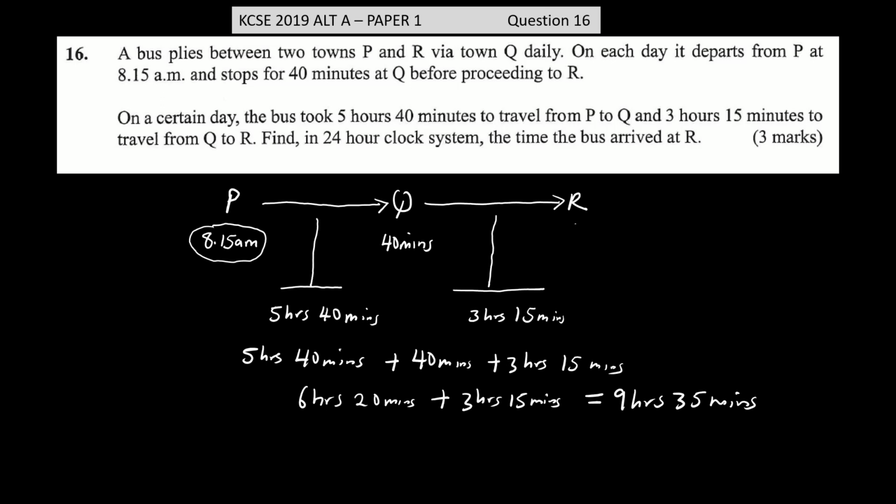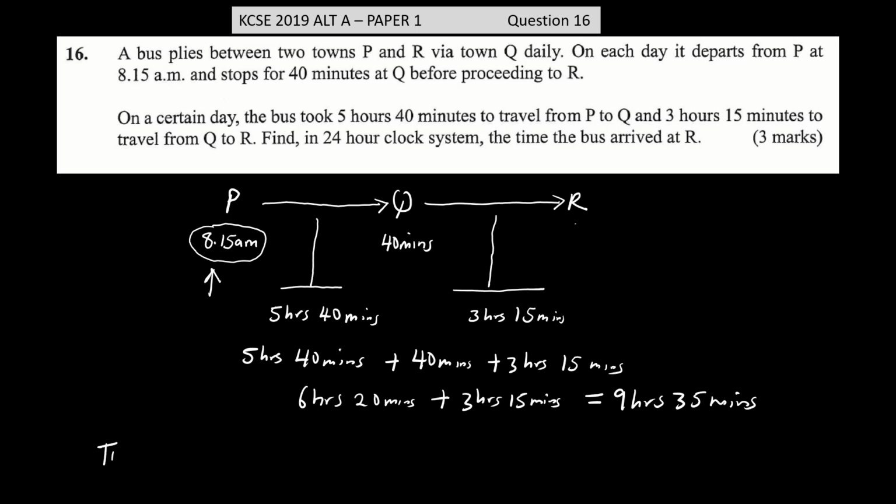So we are going to look for the time it arrived at town R. Since we know that the bus left at 8:15, let's add all this hour to 8:15. It will be easy for us since we are looking for the time in 24-hour clock system.